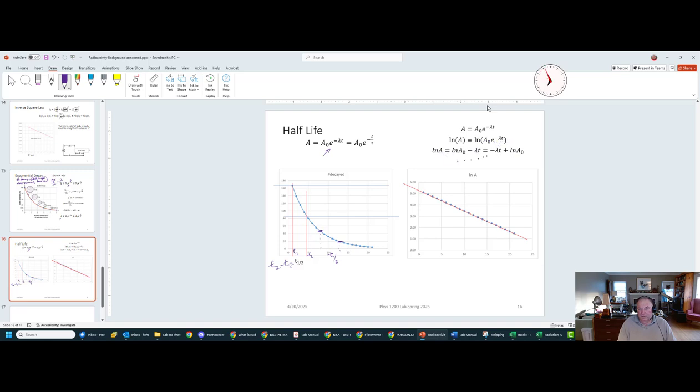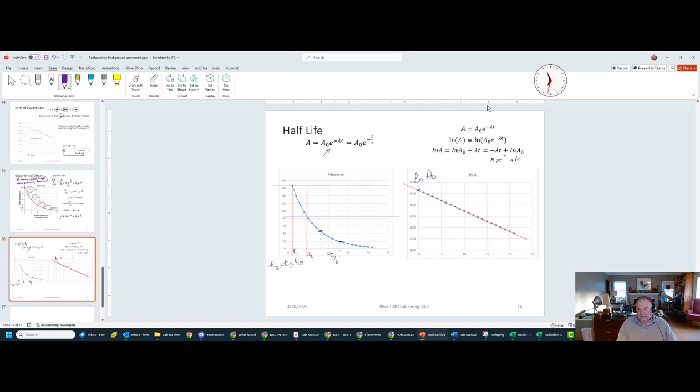We end up with here, and once again, we have mx plus b. So there's the y-intercept. That's the logarithm of A0. That's not quite so important, but since we're going to be using a big pail full of dice, we can double check that there's a relationship between A sub 0 and N sub 0, so we can see if we get the right answer.